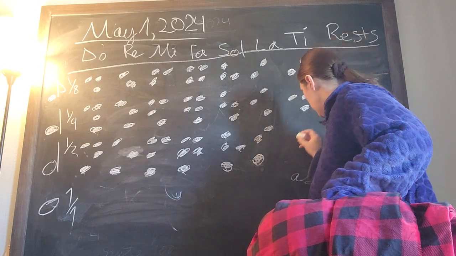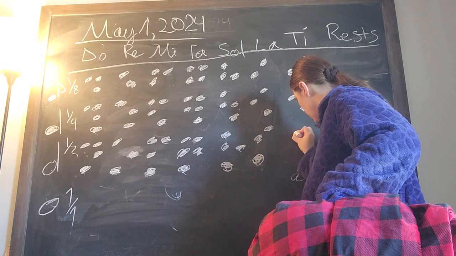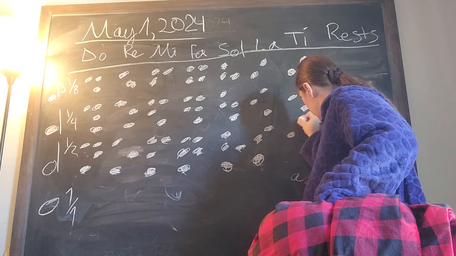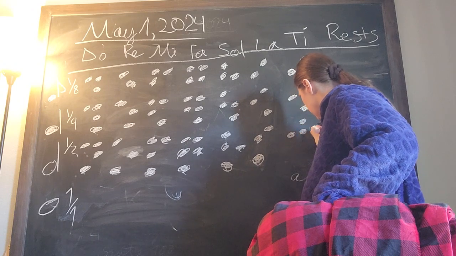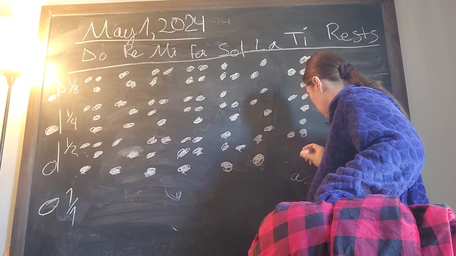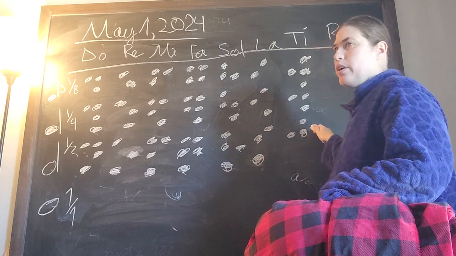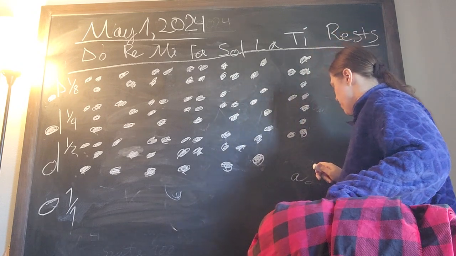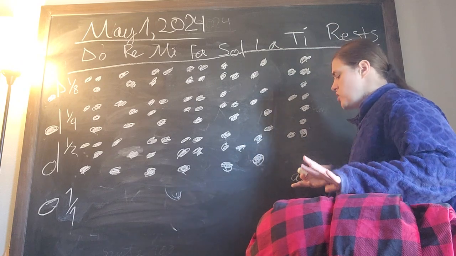T. We're going to draw out the pitch T. If you notice, there's kind of a pattern going on here. The pitch is always being written out first, and then the rhythm. Pitch, then rhythm. It's just how it's done.